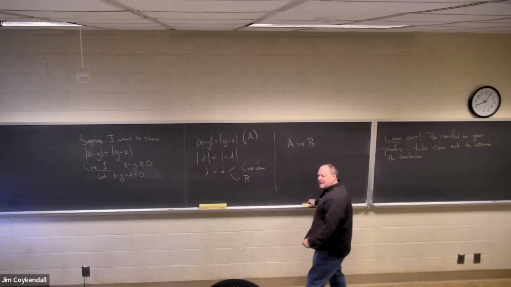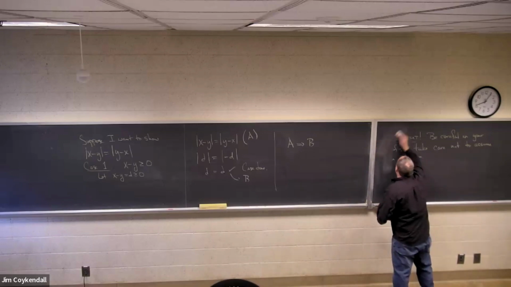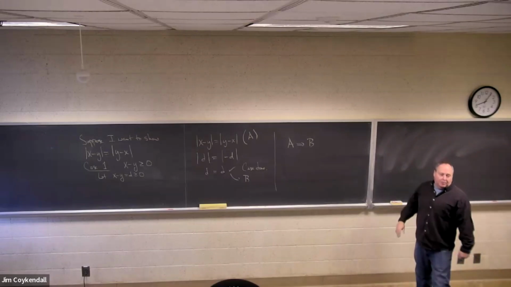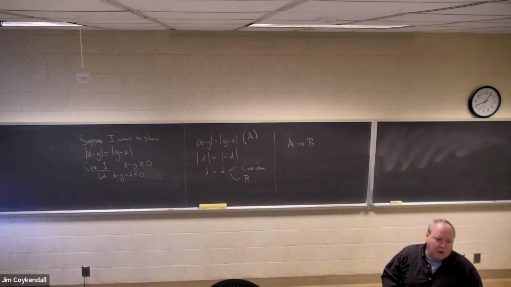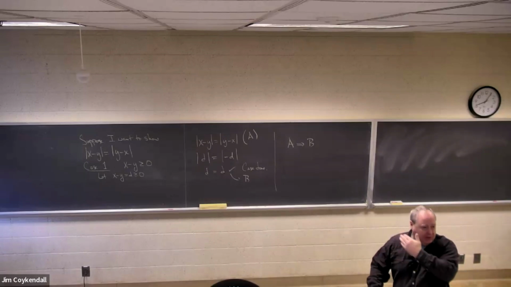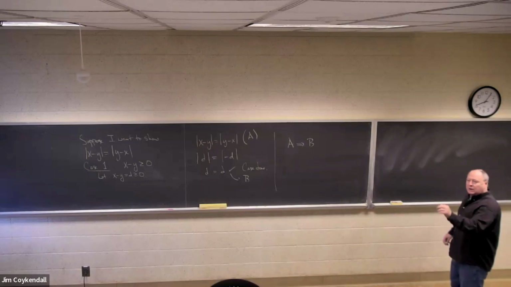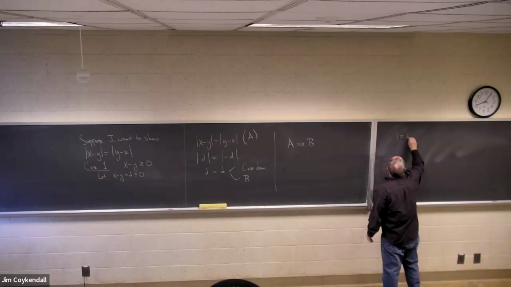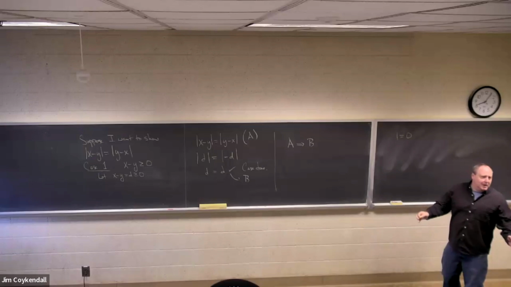So for example, let me give you a silly example. This is a logical problem: if you start with a false premise, if you assume the conclusion and it turned out it was false in the first place, you're totally hosed because you know nothing about what you get from it. Let me give you something. I think we can all agree this is false. Otherwise, change your major, right?